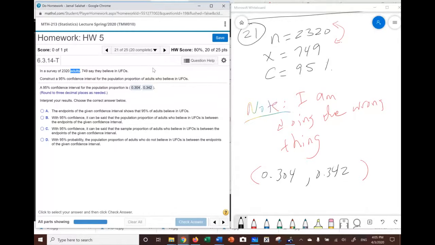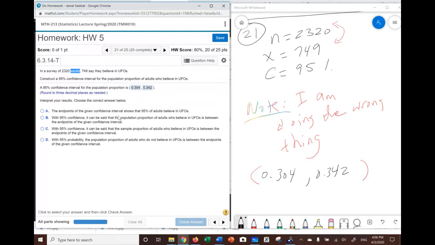What do you think the percentage of people who would say yes? Nobody knows, because nobody can get to all adults in the US. So as a result, we did a small sample, a sample of 2,320, which is not a big sample compared to the population of the US. And I came up with an interval. Now, this interval is going to tell me about the confidence. It's not telling me about the percentage or anything.